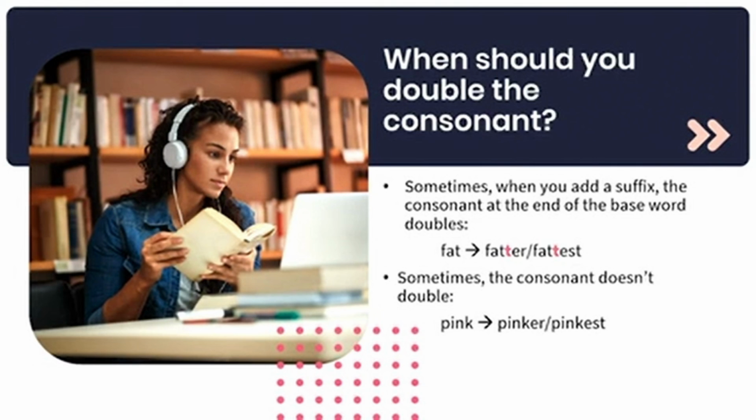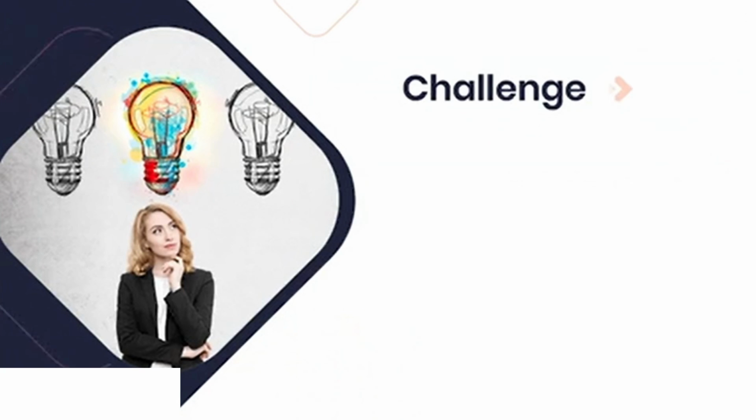I wish I could teach you a quick rule now, but you might remember from Module 1, Lesson 2 that it's a bit more complicated than that. Lots of factors play a role in whether or not the consonant should double. If you're unsure, I recommend referring back to the Module 1, Lesson 2 summary notes, which contain a handy flowchart that explains when to double the consonant.